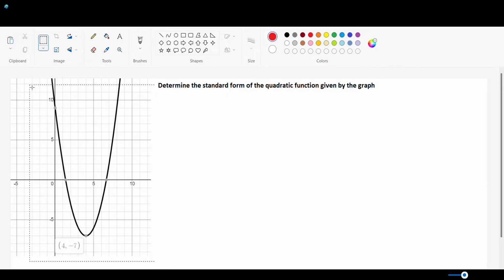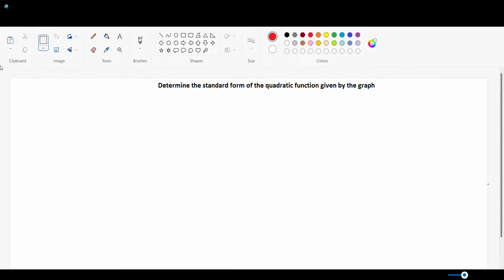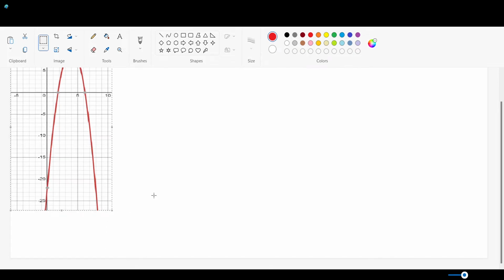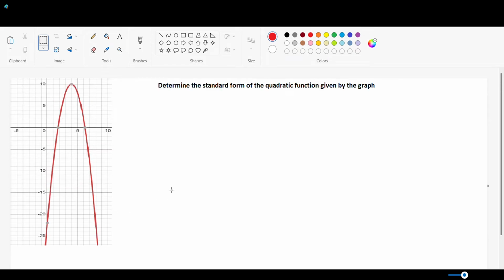So let's remove this graph and let me take the second graph, which will take a little bit of time. Okay, let me put it here and make it a little bit smaller so that it fits on my screen.